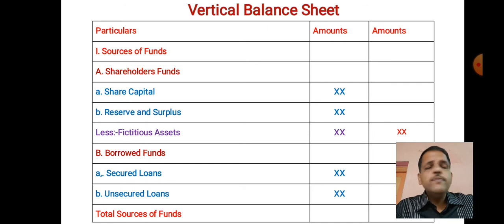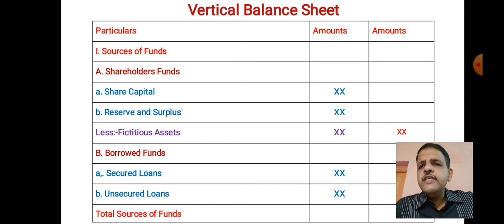Now what we have to do is we have to see share capital. Now after share capital, let us go towards reserve and surplus. When we say the term reserve and surplus, they are the accumulated funds either kept for a specific purpose, that is earmarked, or may be kept as it is as accumulated profits.